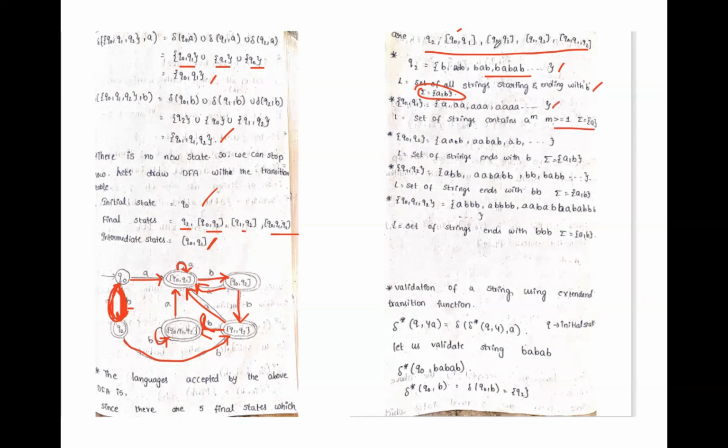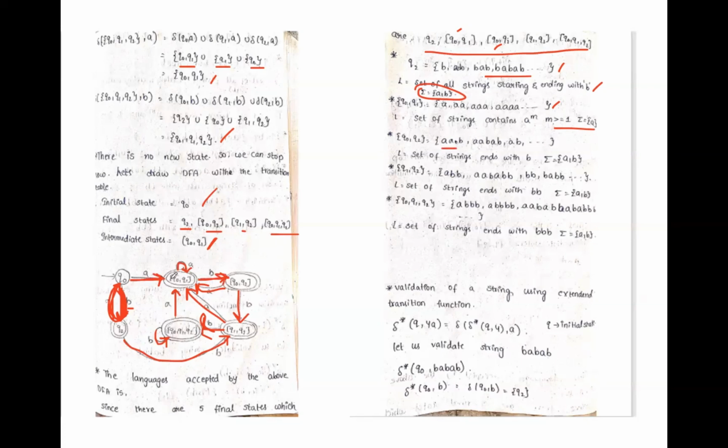Next is Q0, Q2. Here you can see this is Q0, Q2. So if you start from Q0, the automaton moves from Q0 to Q0, Q1 and from here to Q0, Q2. So you can have the string AB.